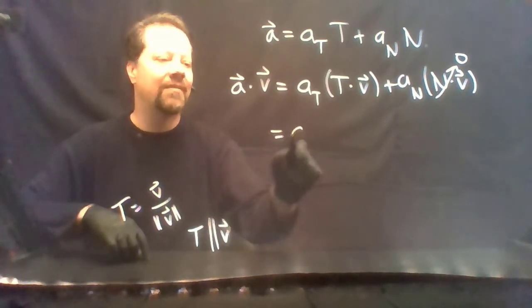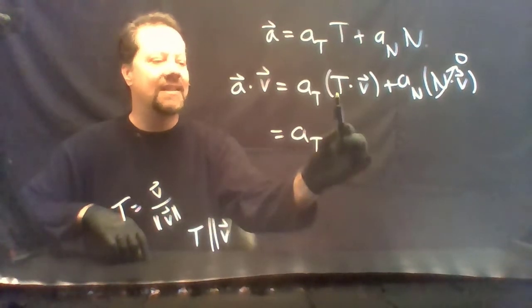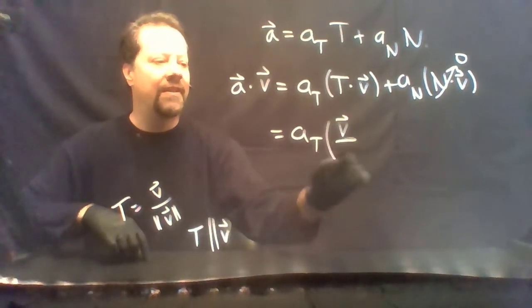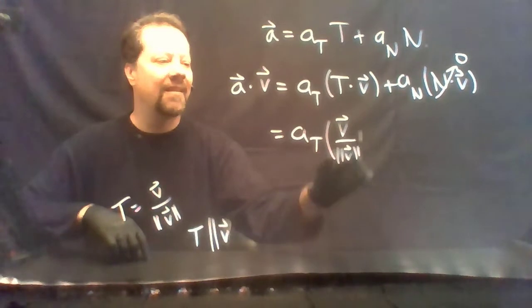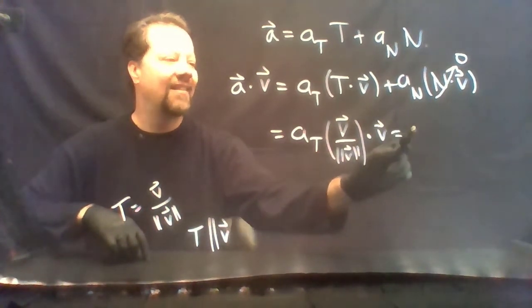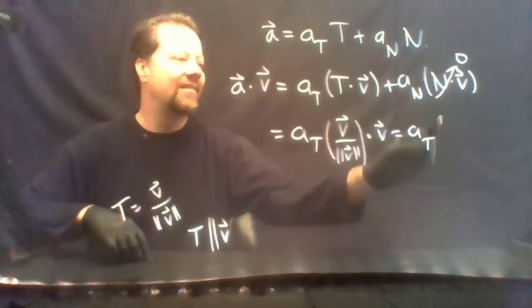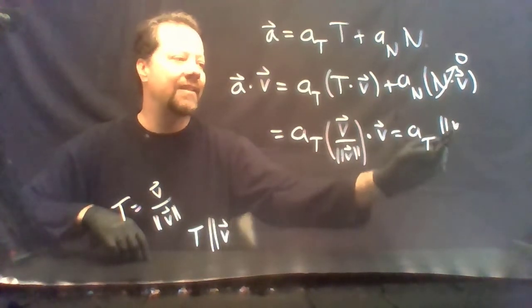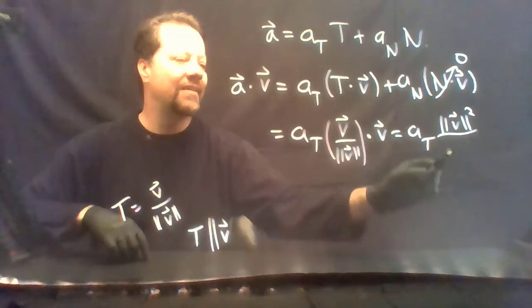What is more, T is V over the norm of V. And we're dotting that with V. That gives us A_T. V dot V is the norm of V squared.